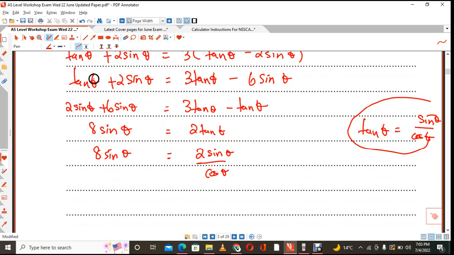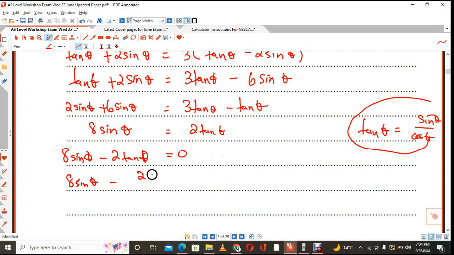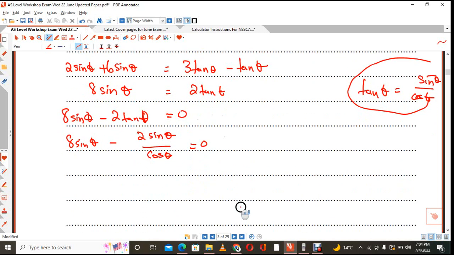Before I go further, just so that I have proper steps to follow, I'm just going to rewrite it: 8 sin theta minus 2 tan theta is equal to 0. And then I'm going to have 8 sin theta, then minus 2 sin theta over cos theta, equal to 0. Then it's easier for me to do that.